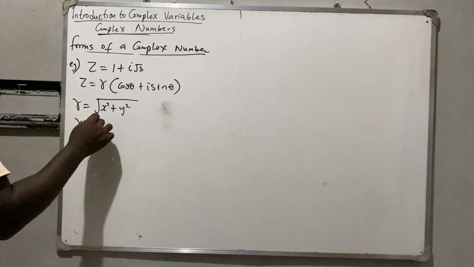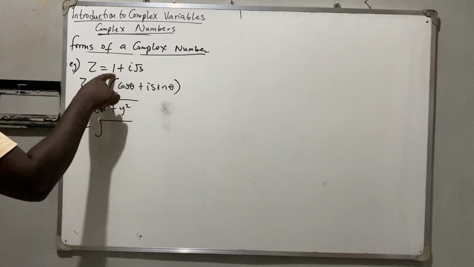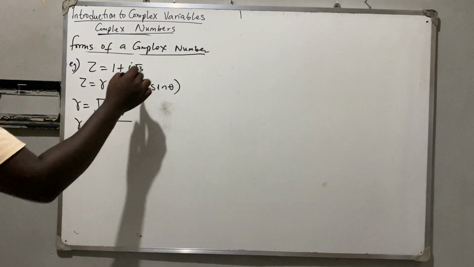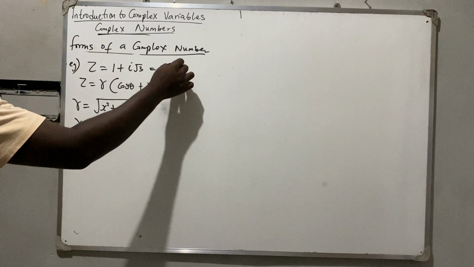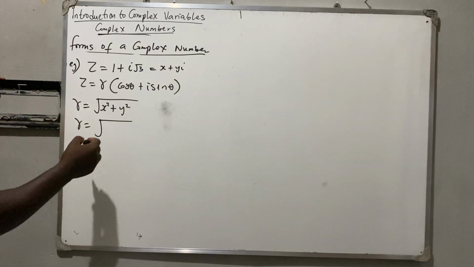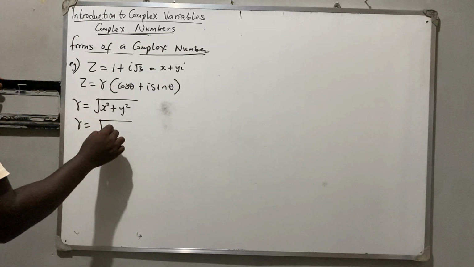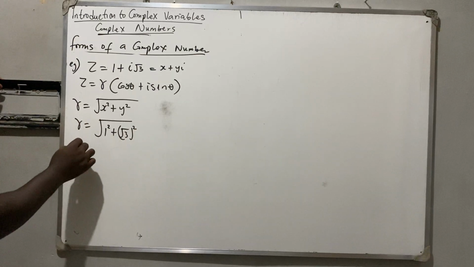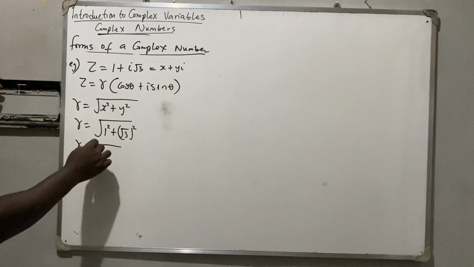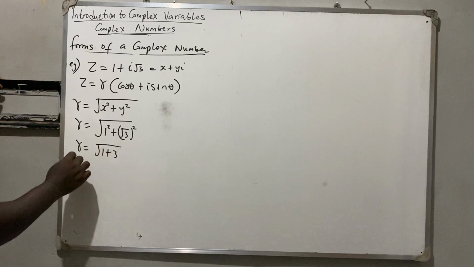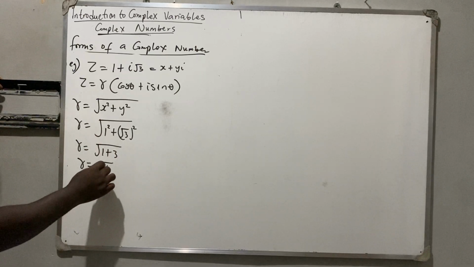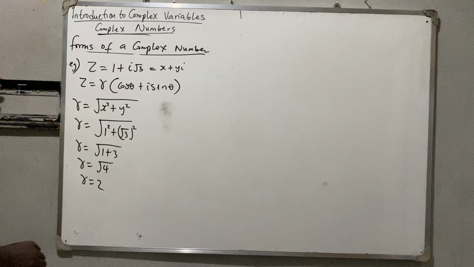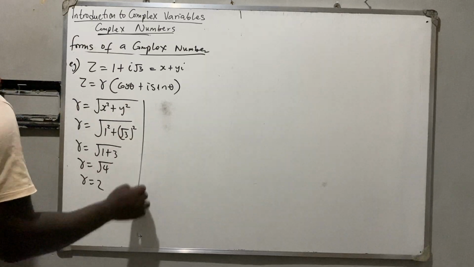Remember that this is your x and your root 3 is your y, because this is x plus yi. So this is 1 squared plus root 3 all squared. So r will now be equal to the square root of 1 plus 3. So r is equal to the square root of 4. So r is equal to 2. I've gotten my r.